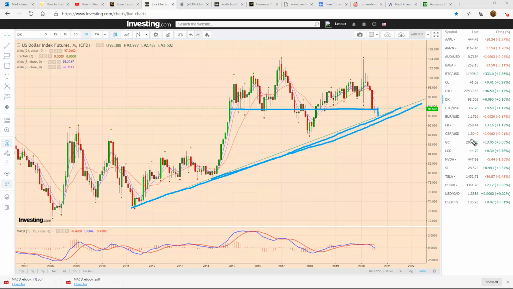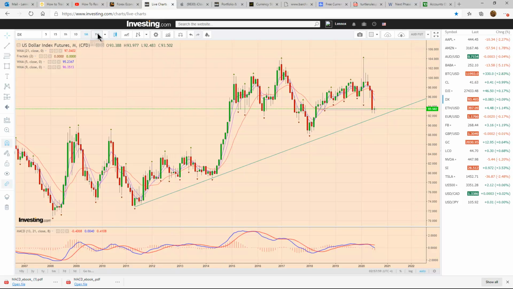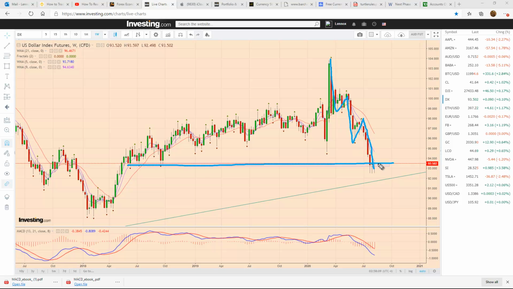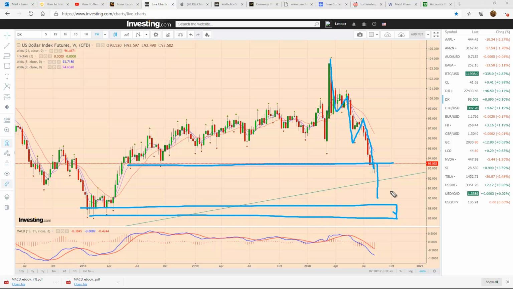Okay, so looking closer at this move, we'll go in on the weekly, and we can see now that what we've had here is this move to this level, right again at this major support, but it's possible that we could have one more drop down to this level, or even break through down to this support area, which is a very, very solid area here as well.